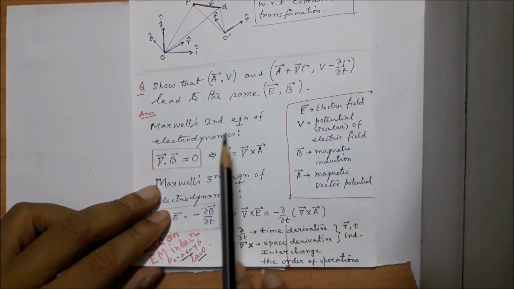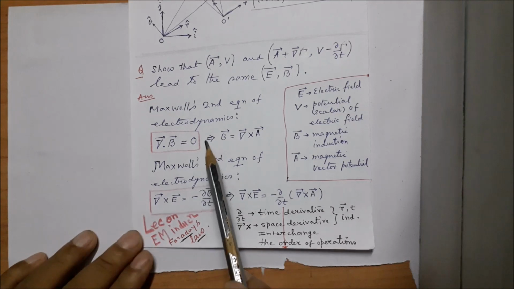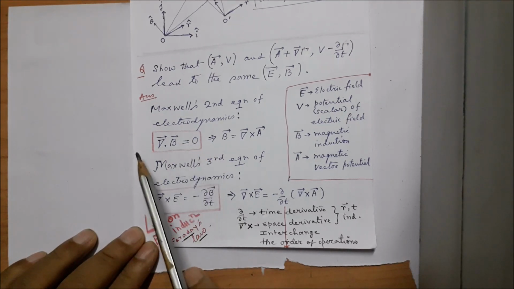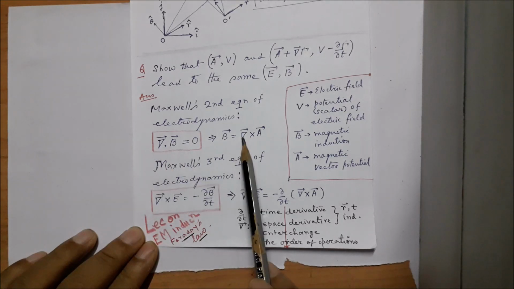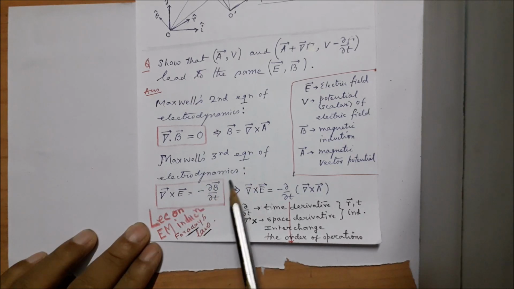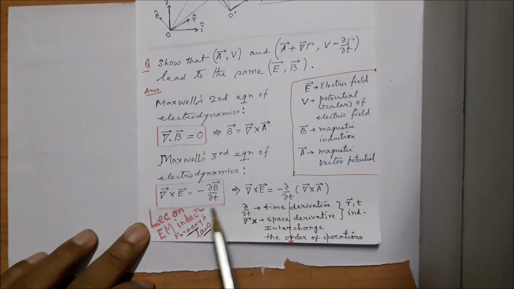Now we start with Maxwell's second equation of electrodynamics, divergence B equal to 0, from which, as we defined in this lecture, we come to B equal to curl A. Let us now make use of Maxwell's third equation, curl E equal to minus del B by del t. We will prove this in a separate series on electromagnetic induction when we discuss Faraday's law. In this lecture we have to accept this equation.